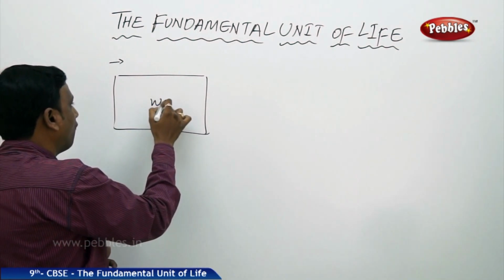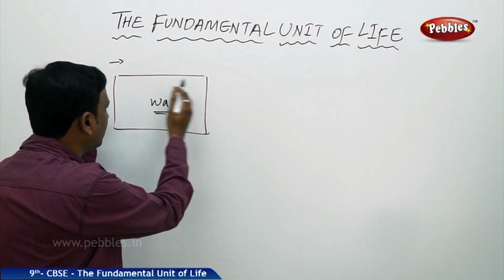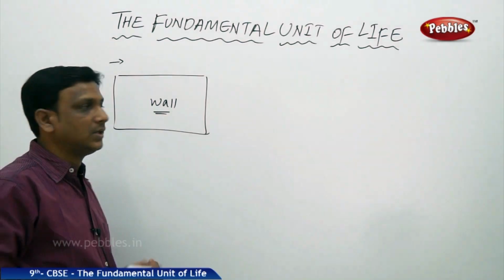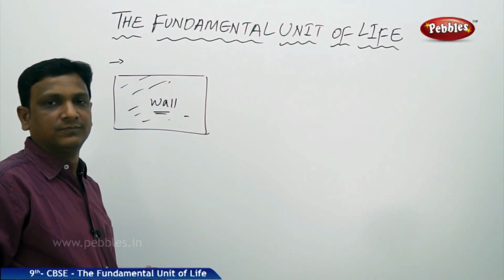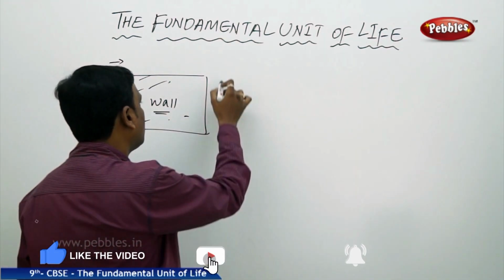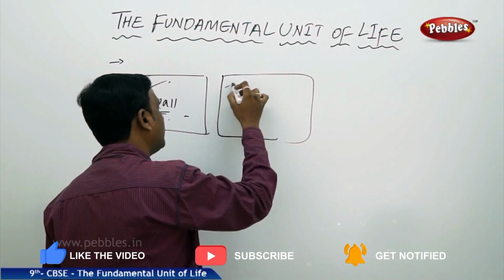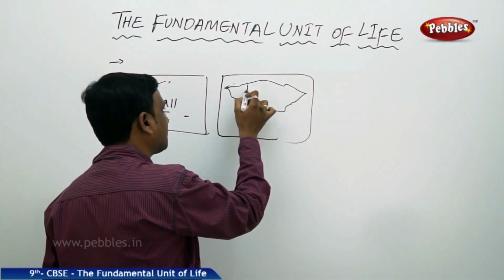See, this is a wall. It is a single unit, single entity. Yes, we see the wall. If the wall is plastered, we do not know with what this wall is made. The same wall without any plastering. So some part of the wall lost its plastering.